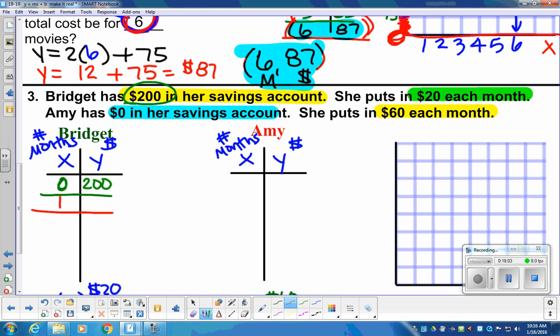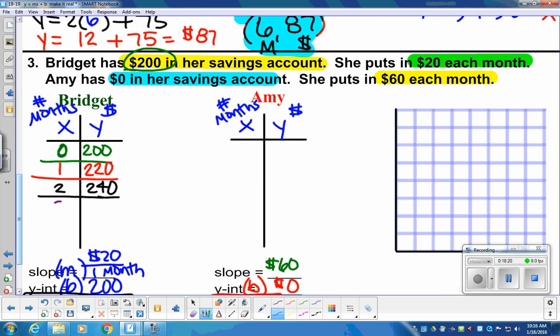1 month goes by, she puts $20 in. Bridget now has $220 in her bank account. 200 plus she's adding the slope of 20. Month 2, another $20 goes in her bank account. Now she has $240. Month 3, another $20 goes in. Now she has $260. Month 4, another $20 goes in.